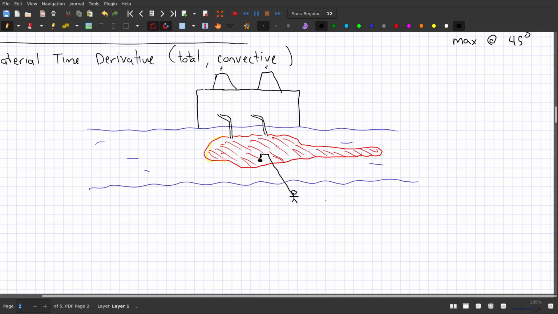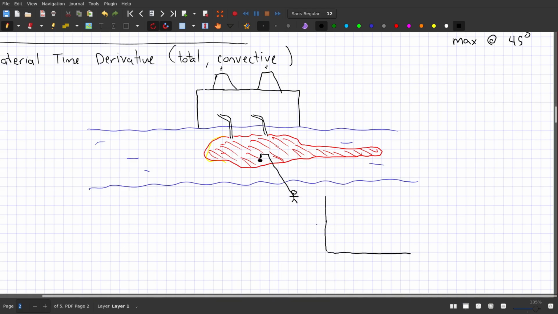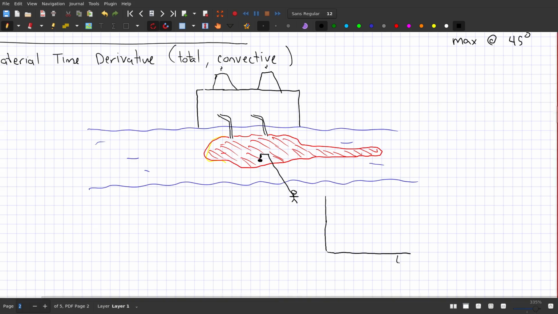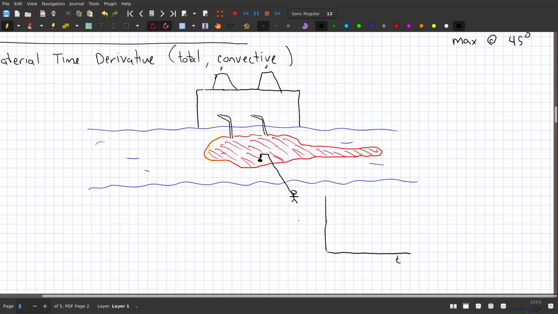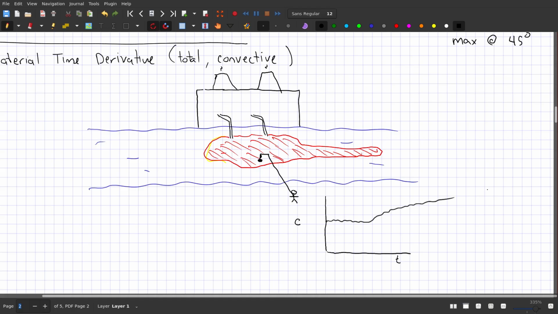And so if we do that, what you might see if you looked at the concentration of the plume over time, you might see something like this, which in this case might suggest that it's getting worse, right?